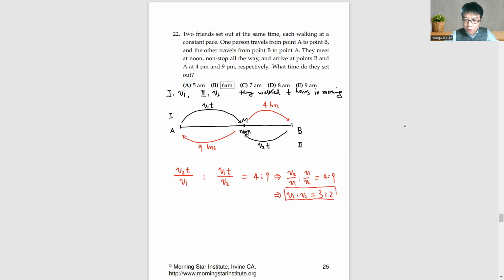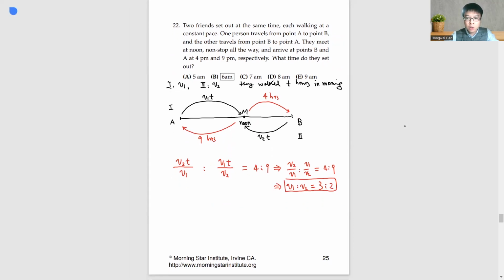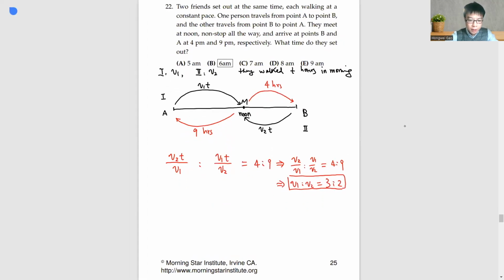Now we can use this to find the time they spend in the morning, and accordingly we know their starting time. So let's take person 1. For person 1 in the afternoon, the distance walked is v2t. In the morning, the distance walked is v1t. The speed doesn't change, right?